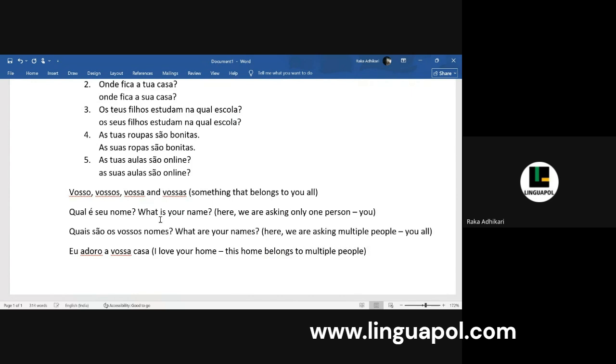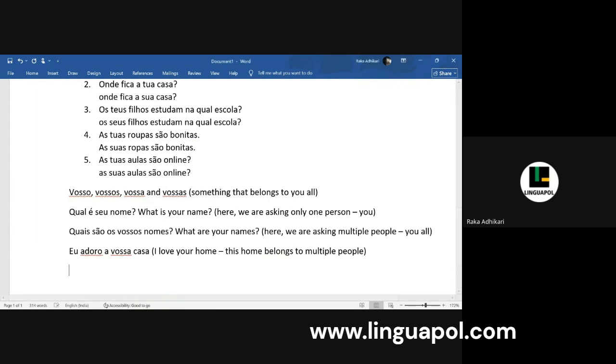Although we are talking about only one house, this house belongs to multiple people. मुझे आप सबका घर पसंद है. यानी वो घर एक ही है पर आप सबका है. Eu adoro a vossa casa.